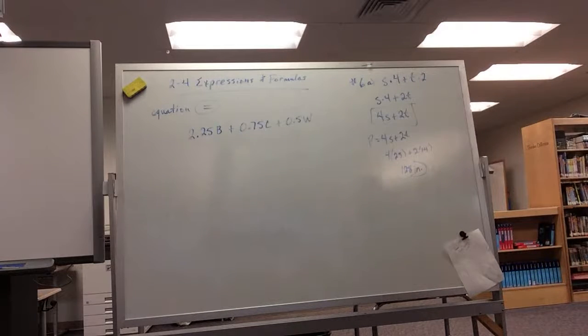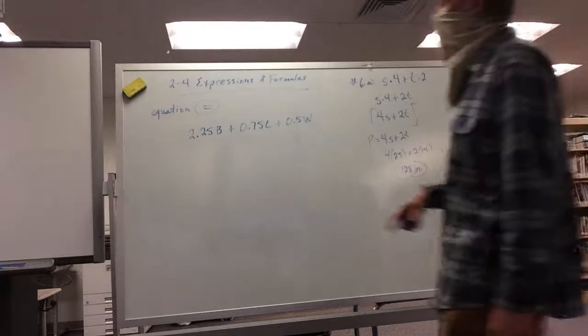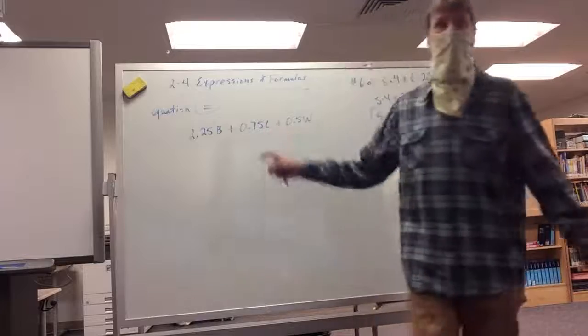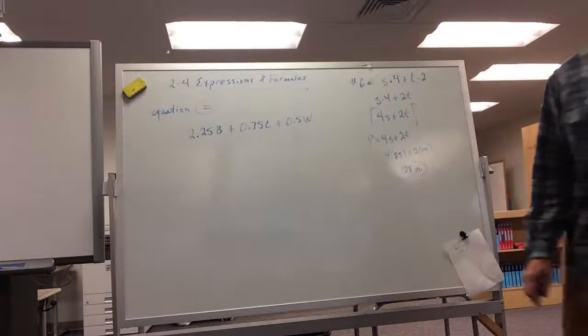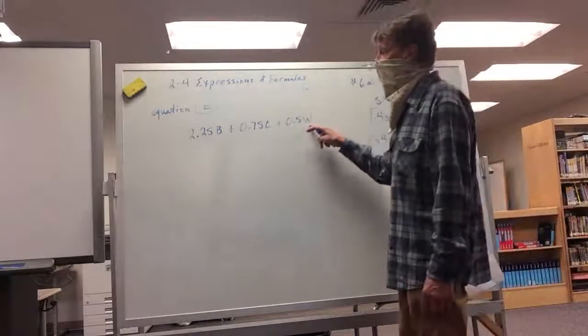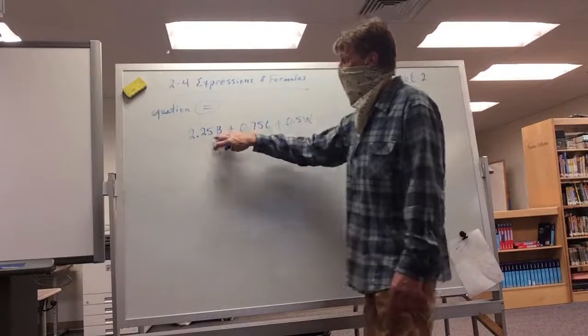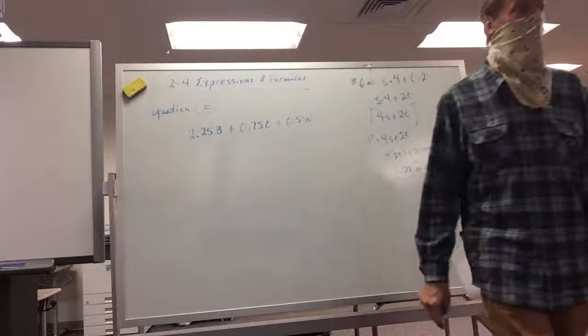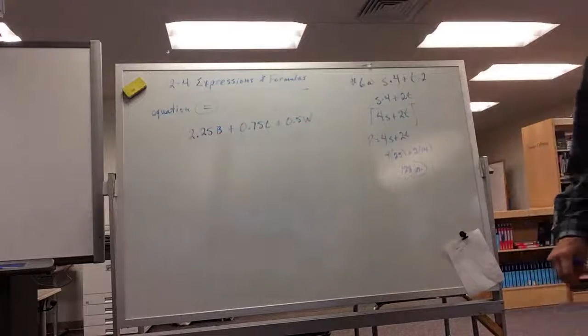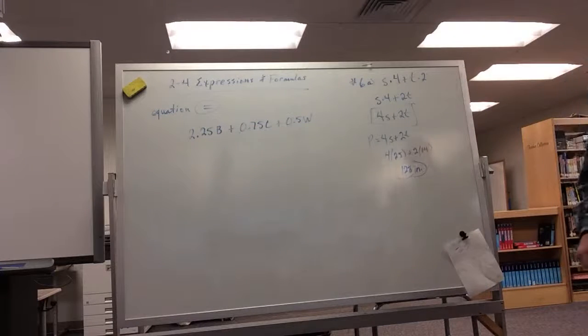But if just you walked up and you said, well, geez, I wanna eat 2 of these, and 3 of these, and then 1 of those at the end, that would be substituting values that are different for each of these, which the formula is showing can happen, because B, C, and W are different numbers.